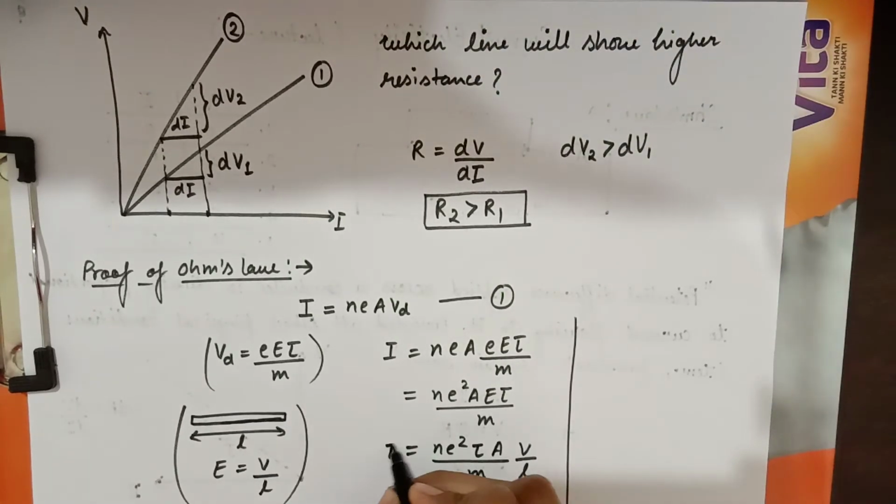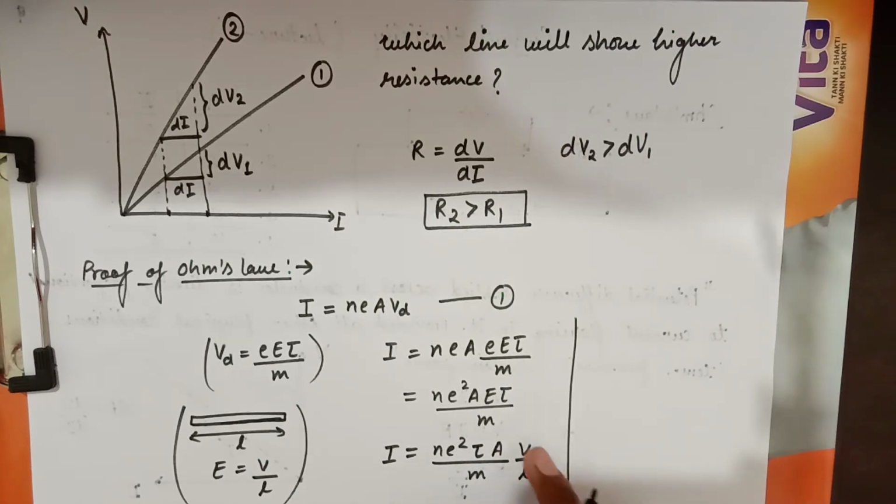This is the formula for I. I equals N e² τ A/m into V/L.